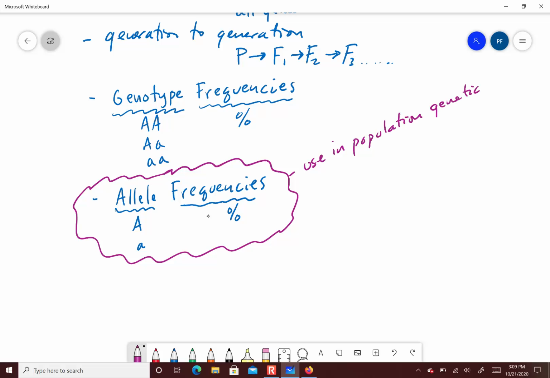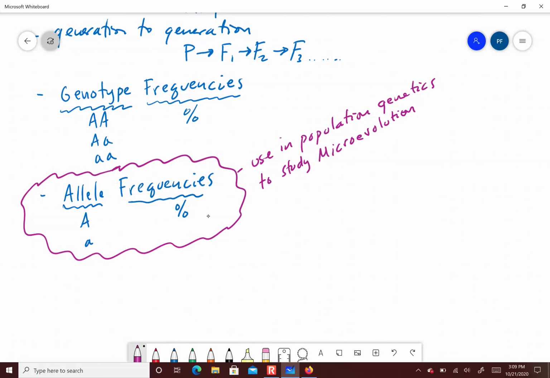Okay, and studying these allele frequencies in population genetics lets us look at what's called microevolution. We mentioned microevolution in the very first video, and now we can tie it back in and go backwards with what we have here to define it.